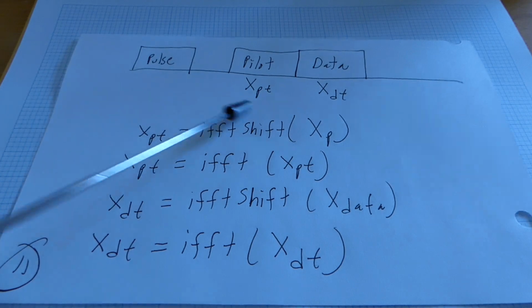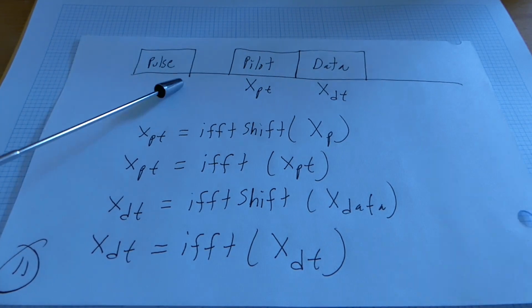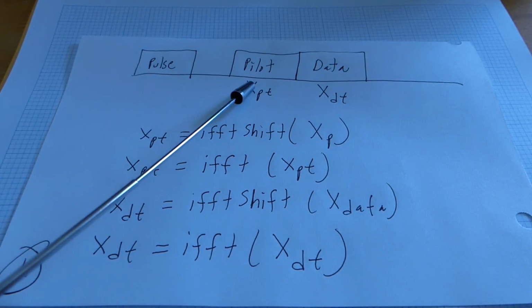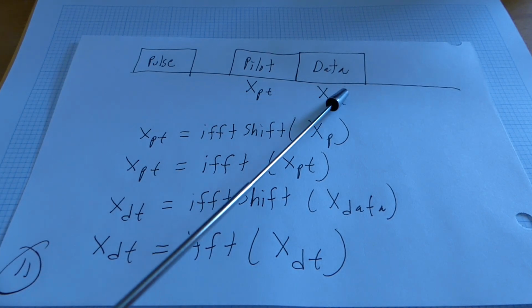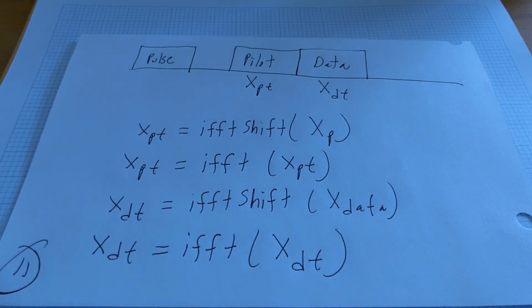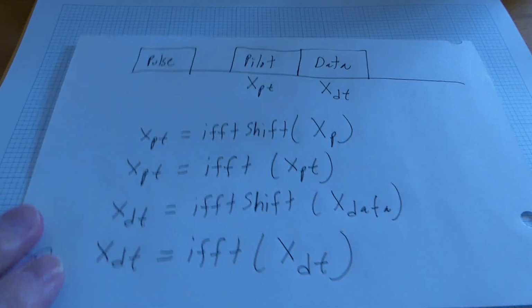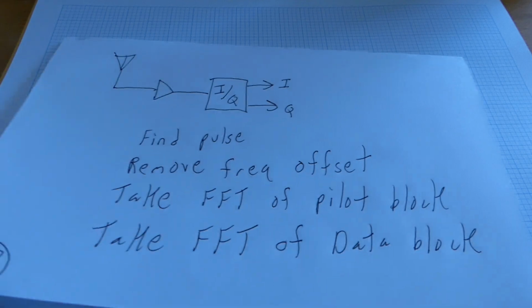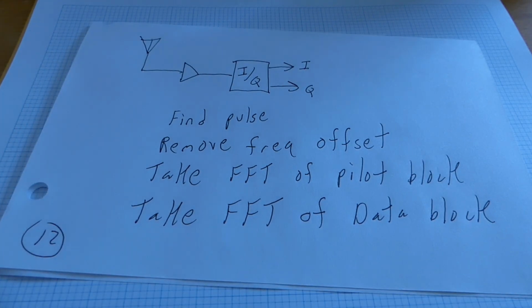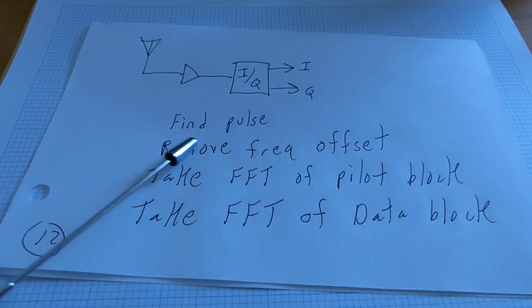But the gist here is to try to show you need to have some type of preamble and some type of pilot and a data block, so the receiver has a chance in hell to actually decode.